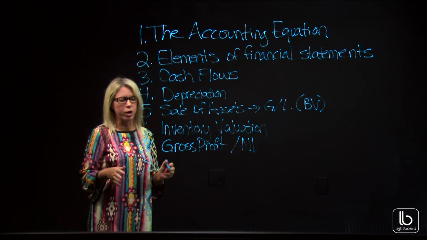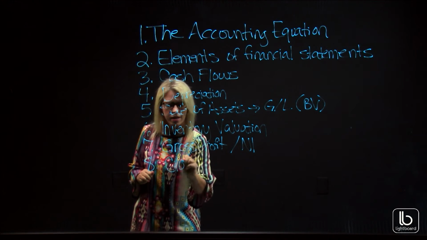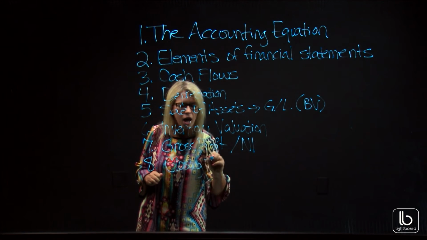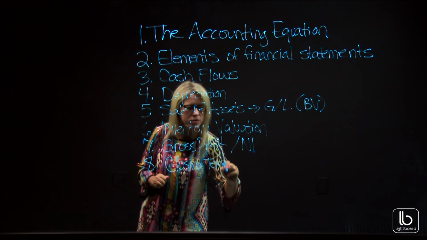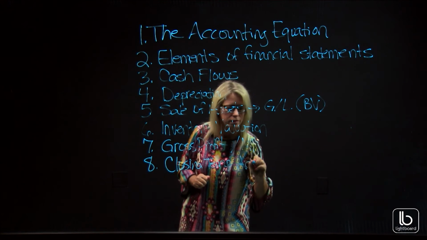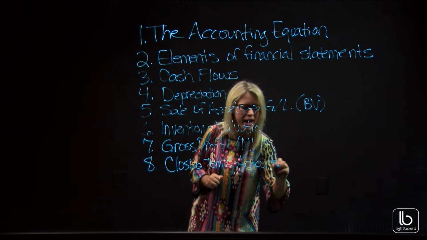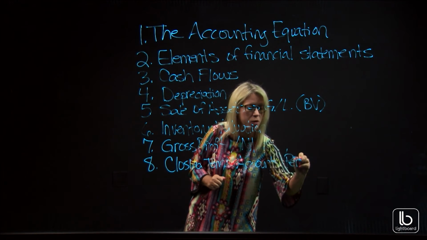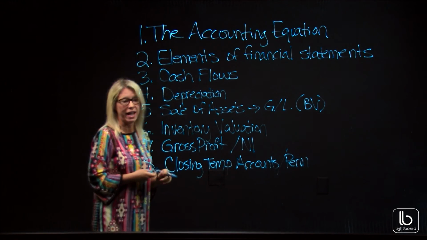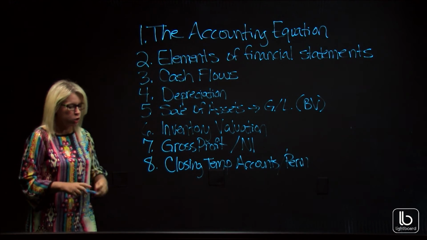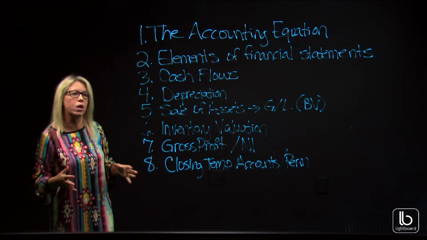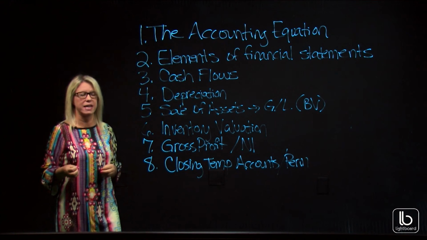And then the final one we want to cover is the closing of temporary accounts. Remember, we have permanent accounts and temporary accounts in accounting. Your permanent accounts are the ones you don't close out. They're your balance sheet accounts that stay there all the time.